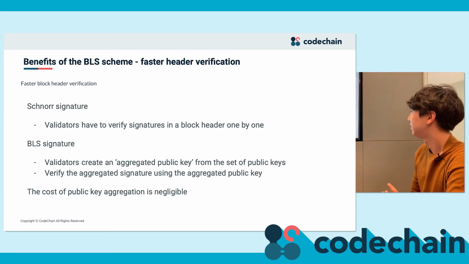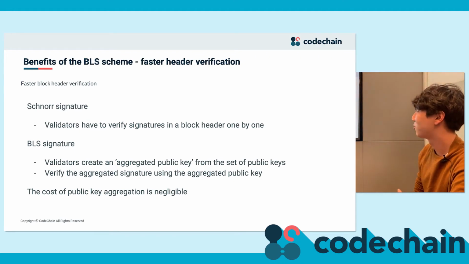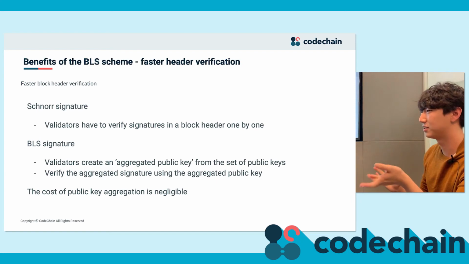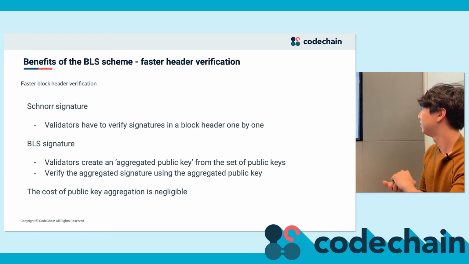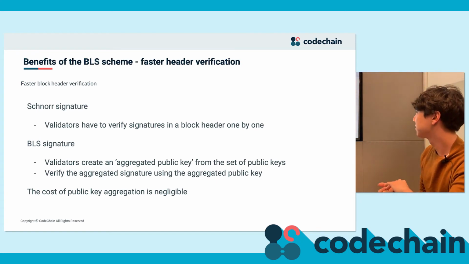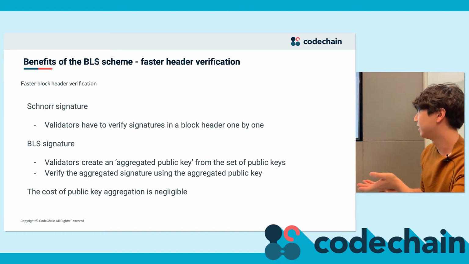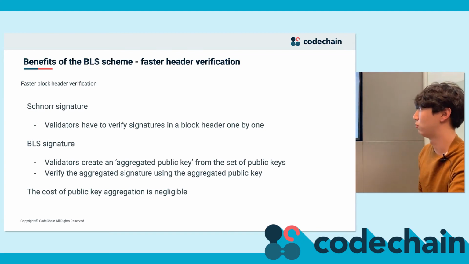Actually, the BLS scheme provides faster header verification for non-validator nodes, although it slows down the consensus process. Because if you use Schnorr signatures, validators and even non-validator nodes have to verify signatures in the block header one by one.